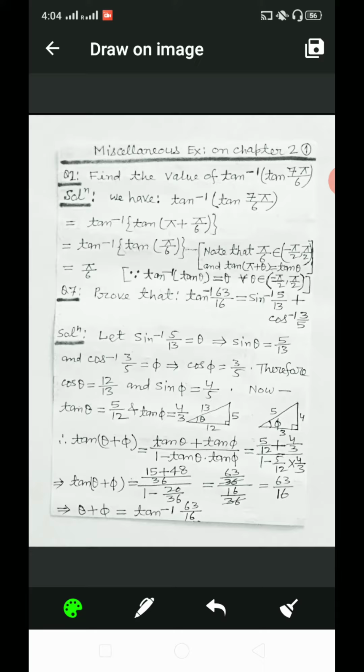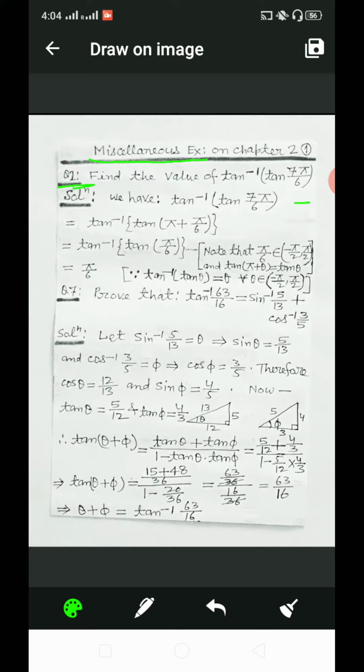Today in this video, I will discuss the solution of some questions of the miscellaneous exercise on the chapter inverse trigonometric functions. Question number 2: find the value of tan inverse of tan 7 pi by 6.